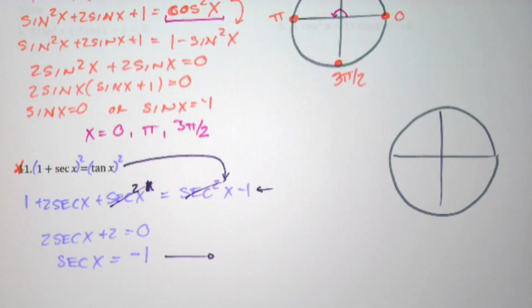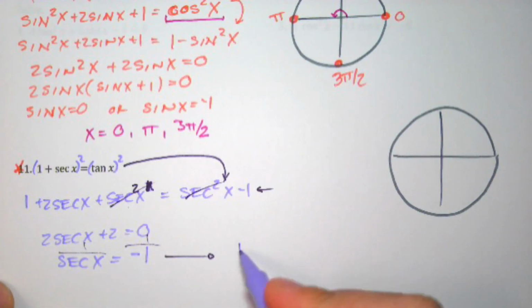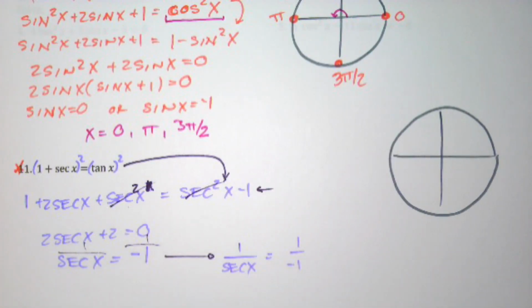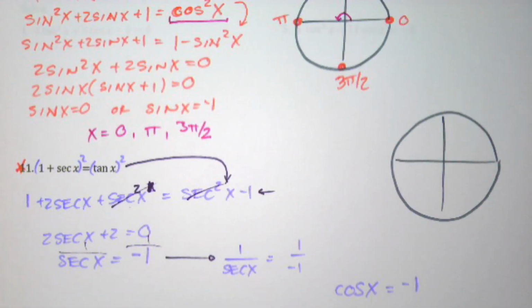Well, this is kind of a rare trick used in algebra, but if you ever need to, and you have an equation, you can take the reciprocal of both sides, which means we could really take 1 and divide it by both sides. That means we end up with 1 over secant x equals 1 over -1. But we just said 1 over secant x is cosine x, and 1 over -1 is -1. So that's how we get to just working with cosine in this problem.